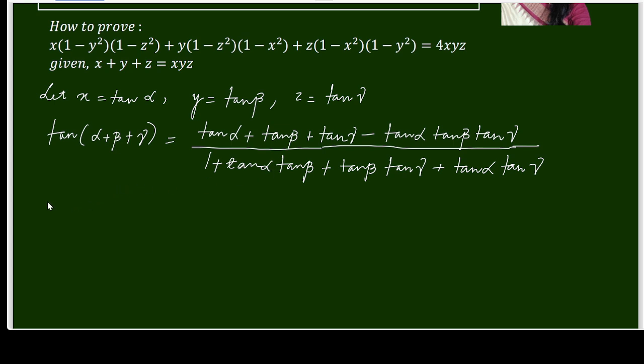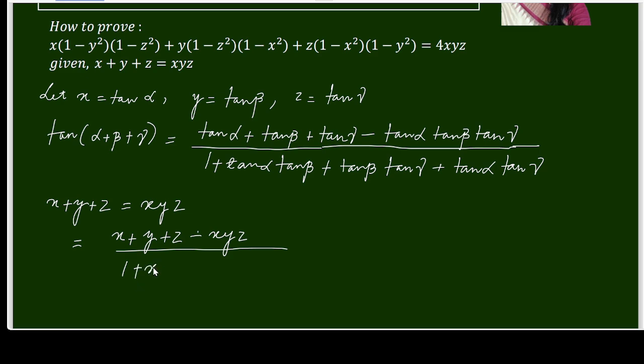Now it is given that x plus y plus z equals xyz. So I'll apply the same on the right hand side of the equation. This right side will be x plus y plus z minus xyz whole upon 1 minus (xy plus yz plus zx).